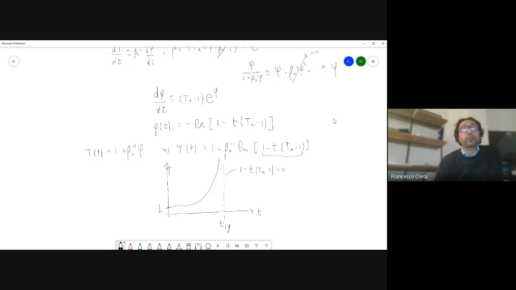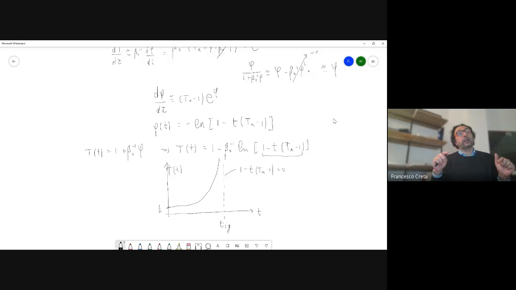Now the temperature doesn't clearly have an asymptote, because clearly it won't grow indefinitely. But remember that we're actually looking at the initial transient.